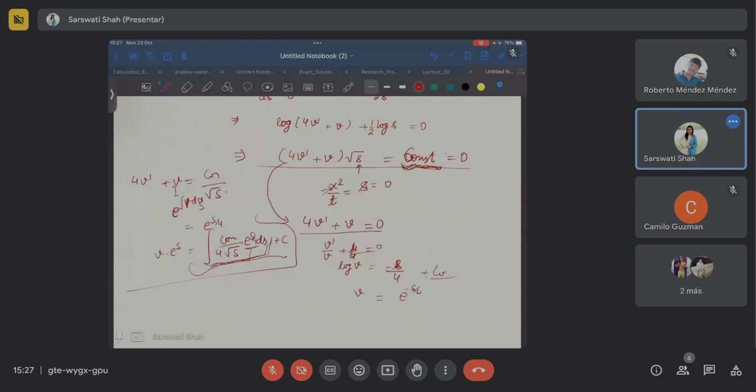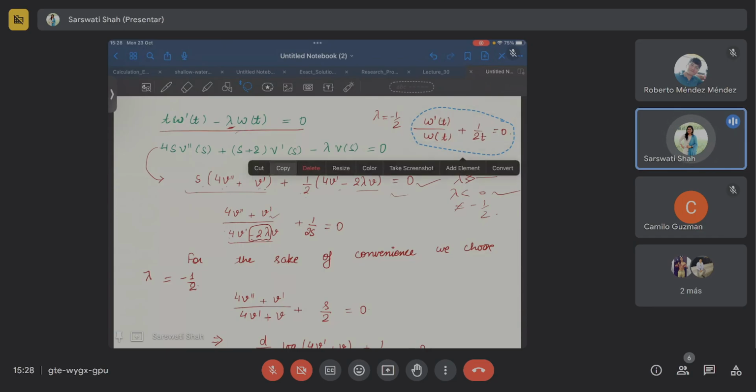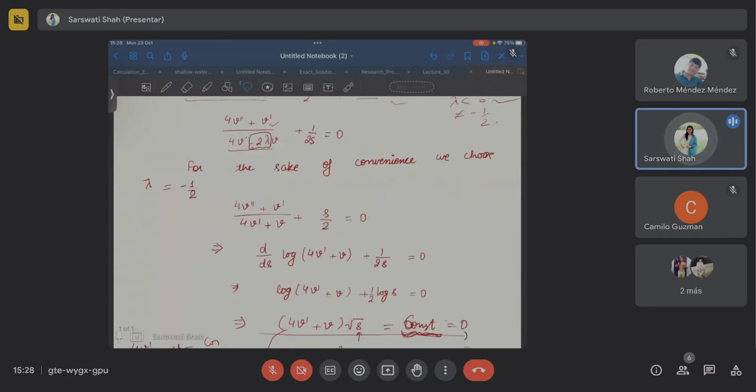And since we have the form of V, now we only need to find the form of W. Since we have chosen lambda equal to minus 1 over 2, this differential equation becomes W dash t over W t, minus minus will be plus, so 1 over 2t equals 0. See, I can make a lot of mistakes, so don't trust me. You can cross verify my calculation.